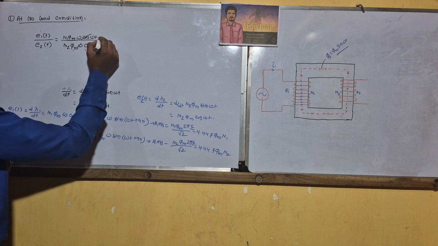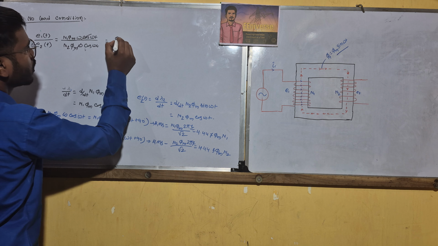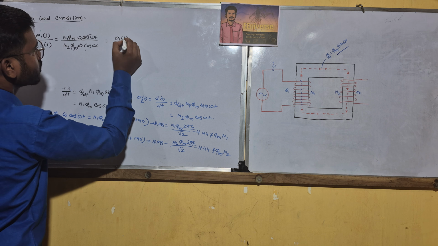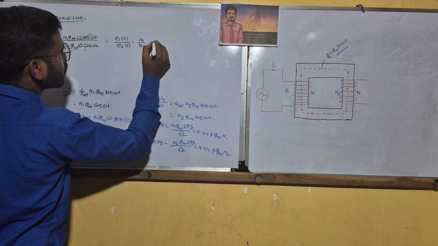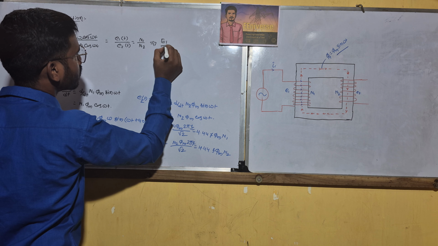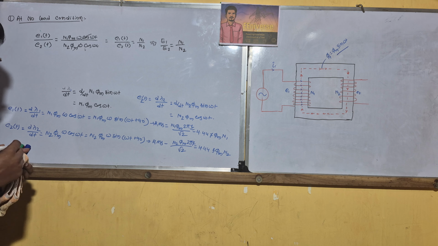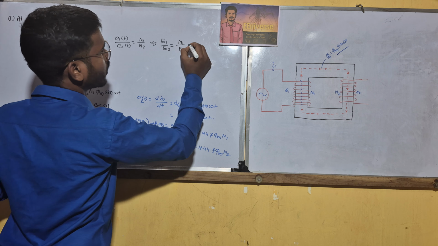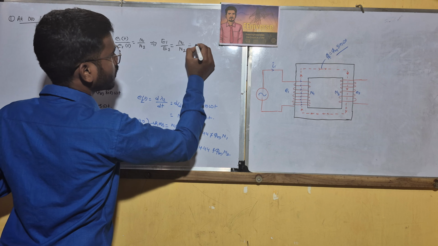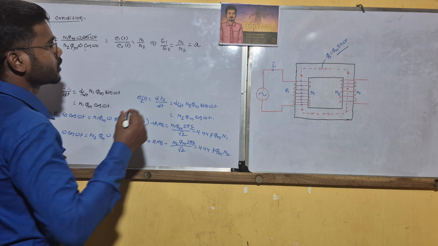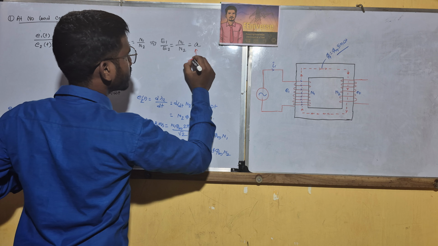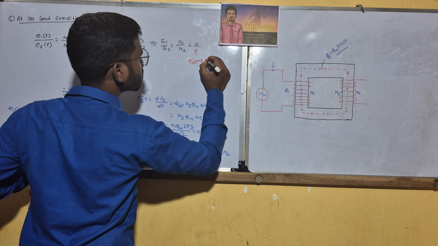So this will be cancelled out, so E1(t) by E2(t) equals N1 by N2, that is E1 by E2 equals N1 by N2. This is equal to a, and that is called turns ratio.